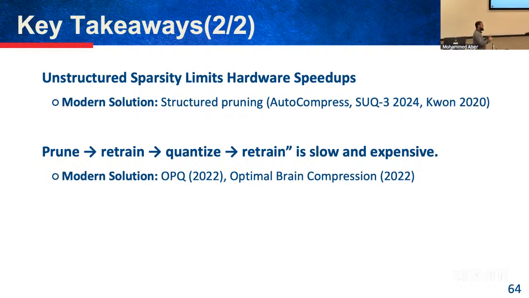So you are doing the same things again and again. Some methods show a solution like this: they do one-step joint pruning and quantization that improves the iterative efficiency, which means fewer iterations.